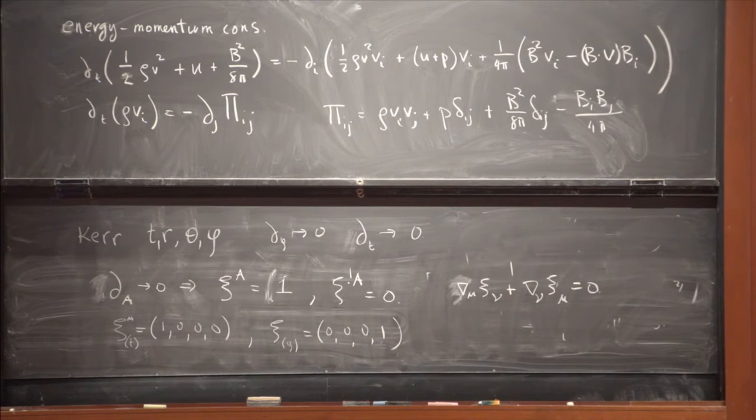And likewise, if you're studying a problem in a different metric with a different symmetry, there's an associated conserved current and associated source terms vanish.